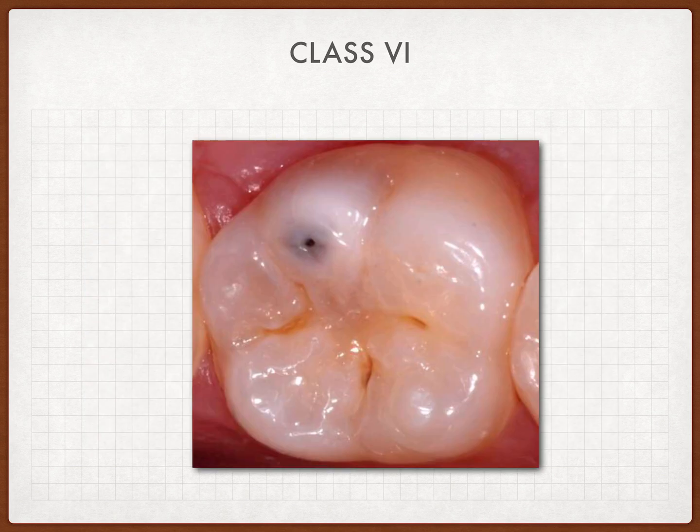The last classification, which is the class 6 dental caries, was added by W.J. Simon in the 50s of the last century. This classification added to the G.V. Black classification the class 6 dental caries, which is the caries affecting the pits and fissures on the cusp tips of the molars, premolars, and canines, on the cusp tips only.